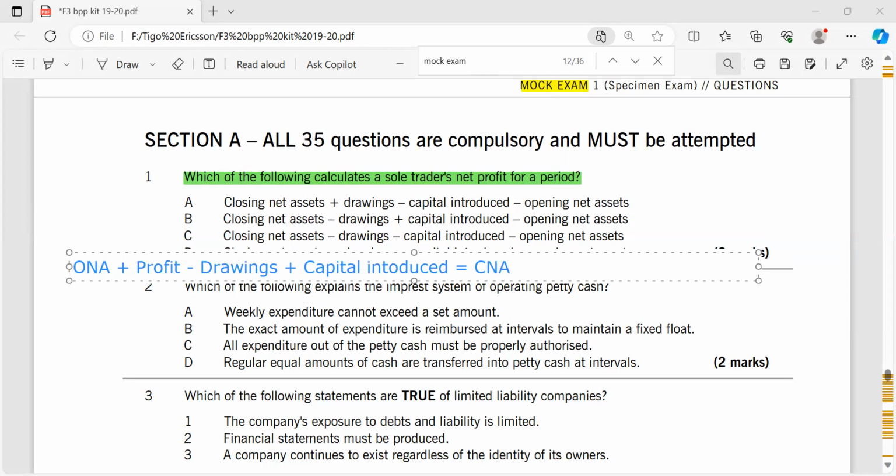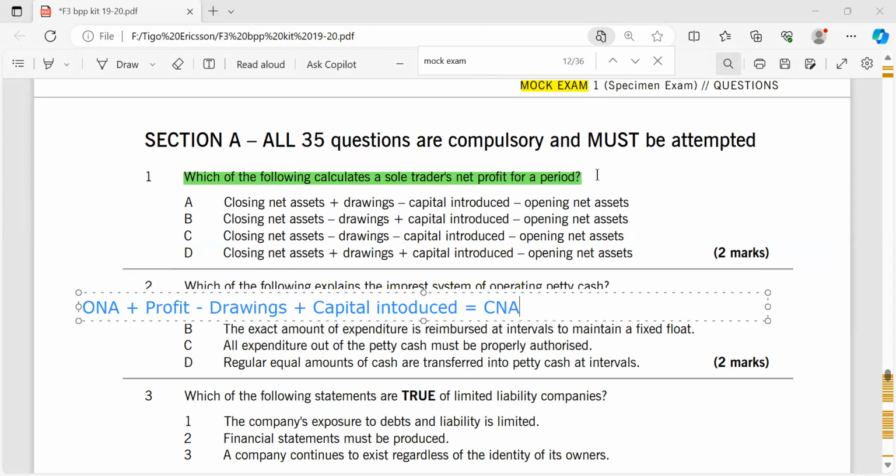But if you look at the question, what we are required to do is calculate the sole trader's net profit for the period. So what they need is this profit. To obtain the profit, you just need to make it the subject. So I take all these to the right side.